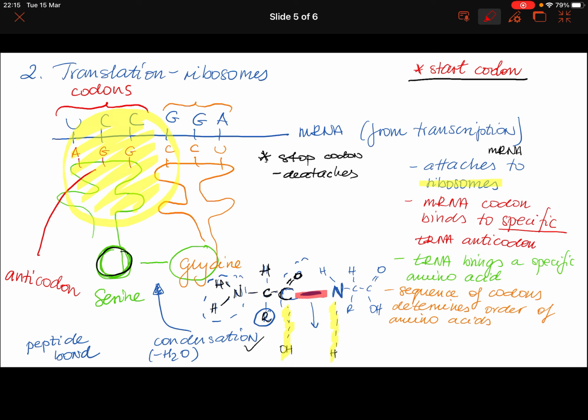The peptide bond is formed between the carbon of the carboxyl group of the first amino acid and the nitrogen of the amino group of the second amino acid. So this process is determined by the sequence of codons, which determines the order of amino acids, so the primary structure of the proteins.